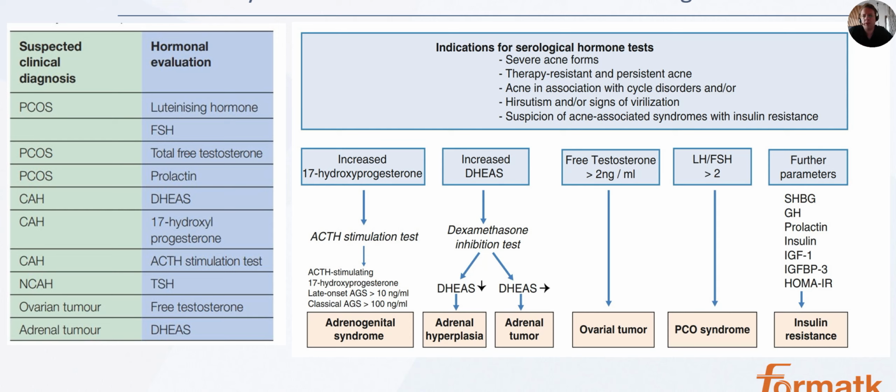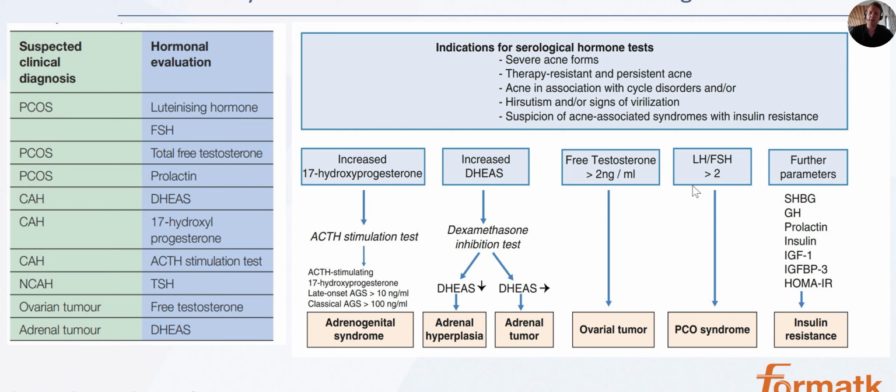Here I just wanted to show you which kind of lab test we can do and which lab test is connected to which disease. So for example, if you have an ACTH stimulation test and you have increased 17-hydroxyprogesterone, then this will refer you to adrenogenital syndrome. If you have DHEAS decreased, then adrenal hyperplasia. If it's increased, it might point you towards an adrenal tumor. If you have a free testosterone test and it's above 2 nanogram per milliliter, maybe it's an ovarian tumor.